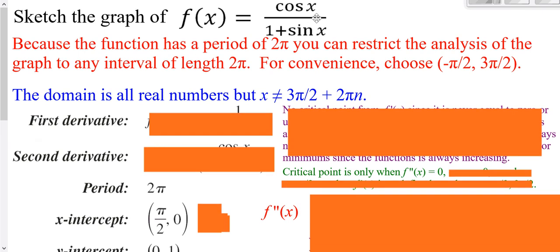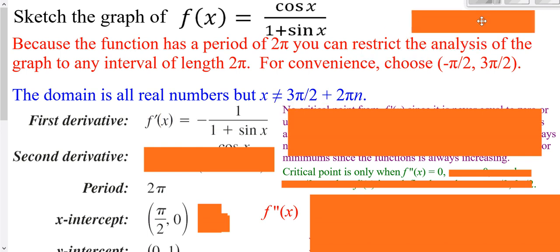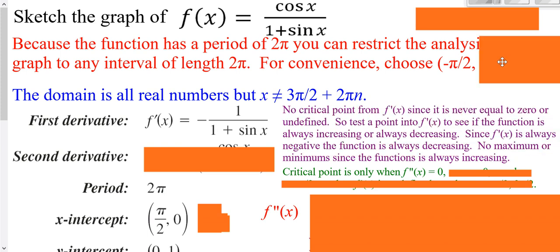Your first derivative, you could use your quotient rule, derivative of the top times the bottom minus the bottom times the derivative of the top over the bottom squared, and it simplifies down to this. Now, notice, sine's always between 1 and -1. Plus 1 would make it between 0 and 2. A -1 on top over something between 0 and 2 is always negative.